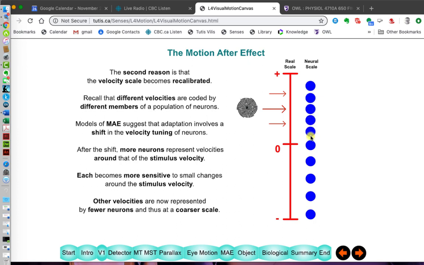So you can see it's pulling cells that used to measure this velocity now into near neurons that are measuring this velocity. It packs them in closer here, so you have a finer ability to detect motions at the speed that this is turning. And in doing so, you pull less. These become more coarse. And something neat happens in the middle.